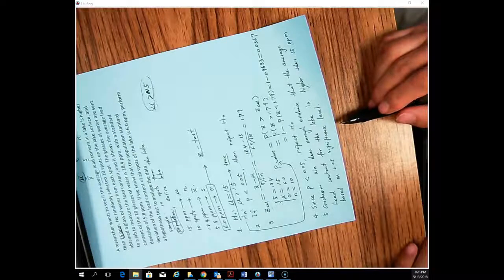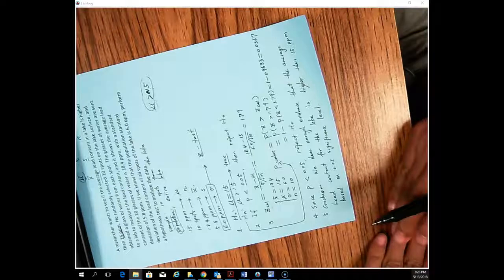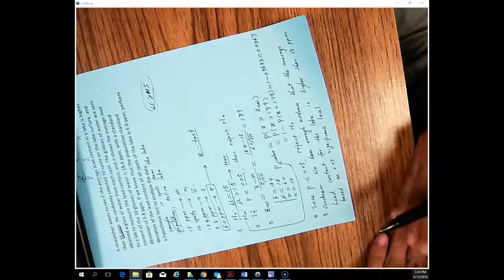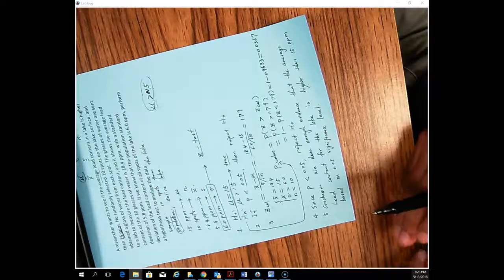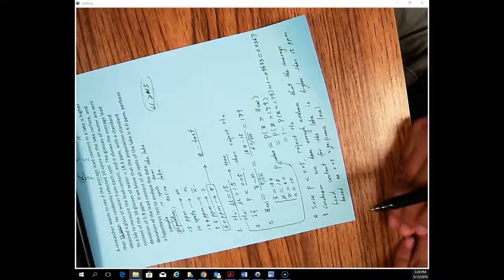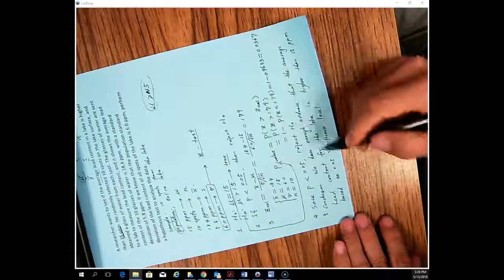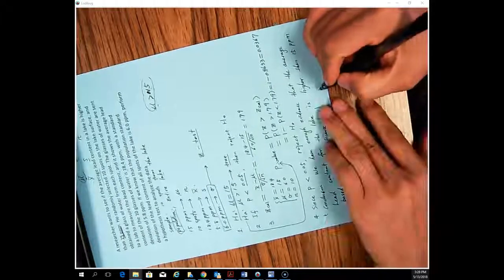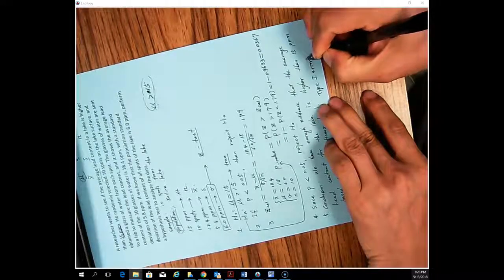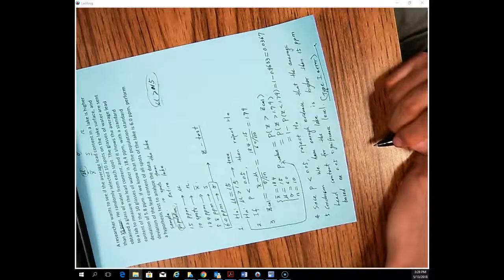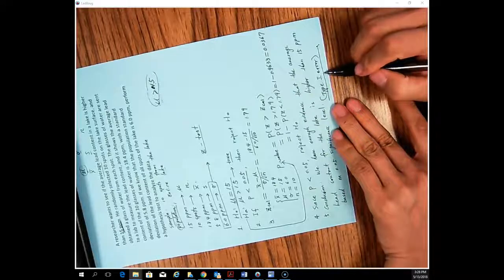So when you make a decision in inferences, you're not going to be guaranteed 100% correct. You have a chance to make an error. You could either make a type 1 error or type 2 error. So in this case, since you reject the null, then we have a chance to make a type 1 error. Right? Doesn't mean we made a type 1 error.